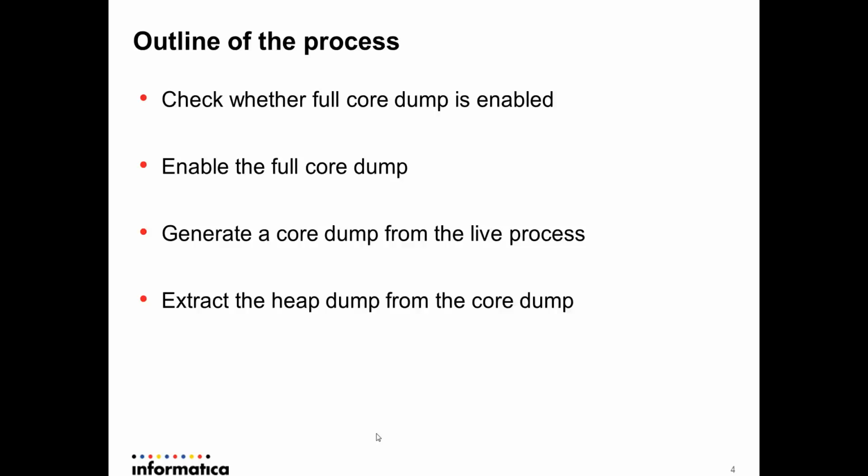So the first step in the whole process is to check whether a full core dump is enabled on the system or not. And if it's not enabled, you would then go and enable the full core dump on that machine. And then you generate a core dump using the gencore utility provided by the AIX machine. And then you run the JExtract on top of that core dump to get the heap dump from that core dump.